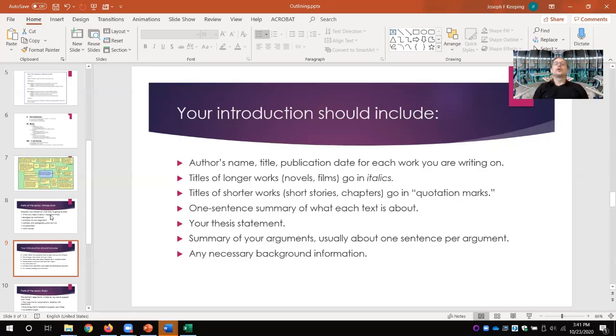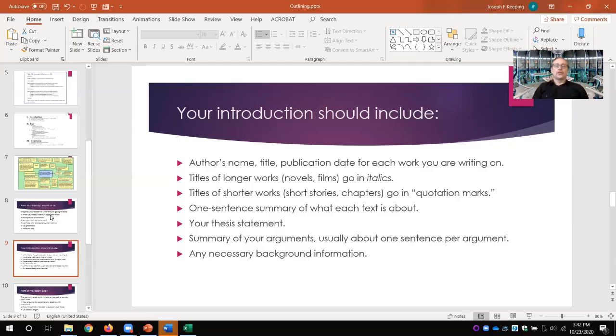It's also very important, by the way, that it be clear which sentence in your introduction is your thesis statement. Another common mistake that I see is that there are 2, maybe 3 different sentences in the introduction, each one of which could be the thesis statement, but it's not obvious which one.